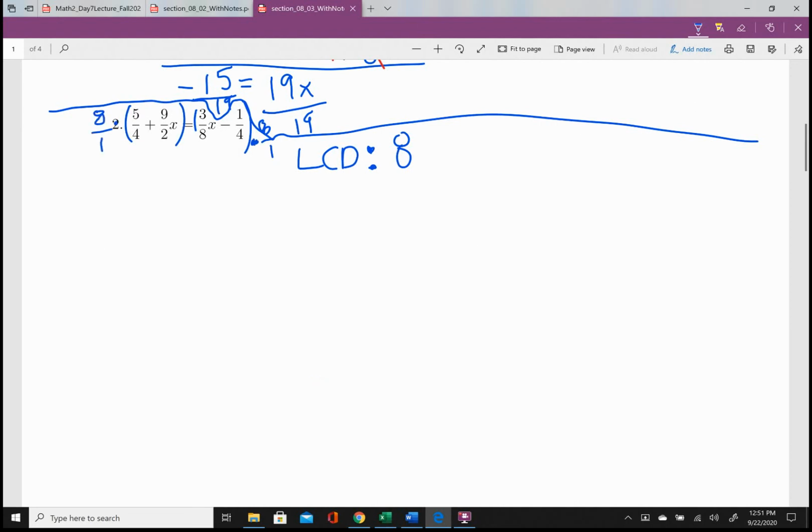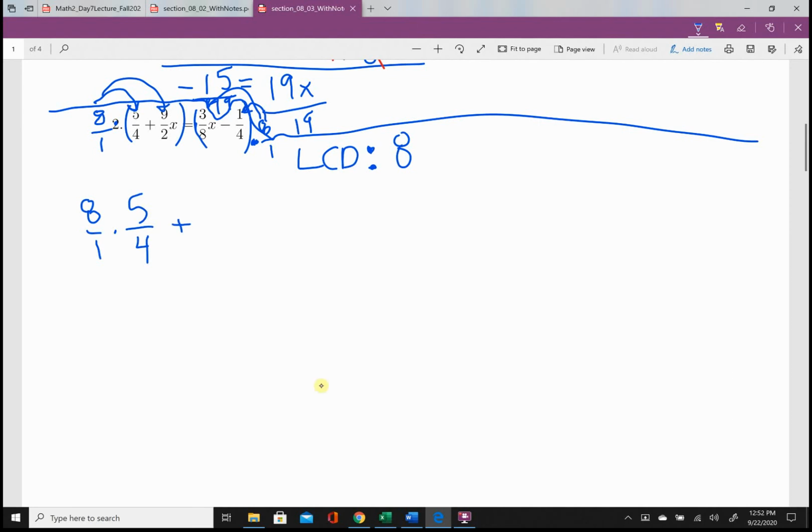Now why 8 over 1 rather than 8? Well, everything that I'm going to be distributing on both sides is going to be having a fraction component to it, so I might as well think about this 8 factor that I'm multiplying both sides by as a fraction. So in distributing it here and there, I know it's getting a little messy. I'm going to show you what I mean. 8 over 1 gets multiplied by the 5/4.